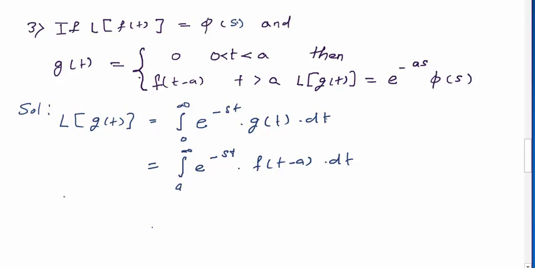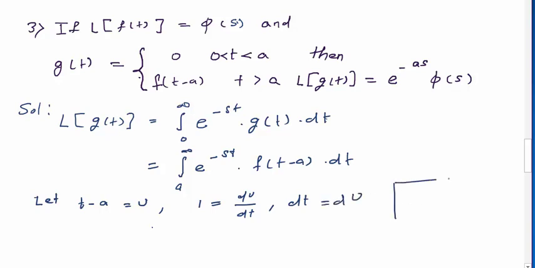We substitute, let t minus a is equal to u. If we differentiate with respect to t, we will get 1 is equal to du upon dt, because the derivative of t is 1 and the derivative of a is 0. That is, we can also say that dt is equal to du.